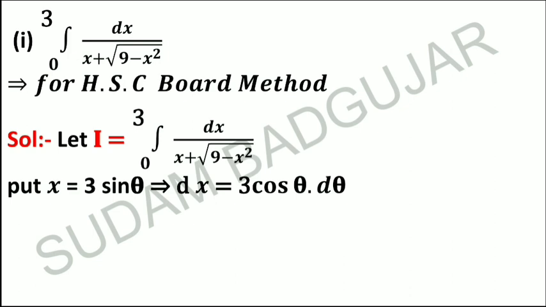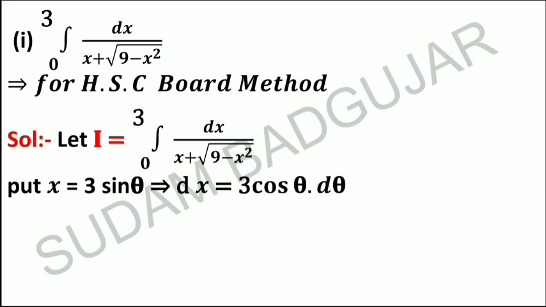So x is equal to 3 sin theta. What is theta here? Sin inverse x upon 3. For the substitution method we need dx. dx is equal to 3 cos theta into d theta.